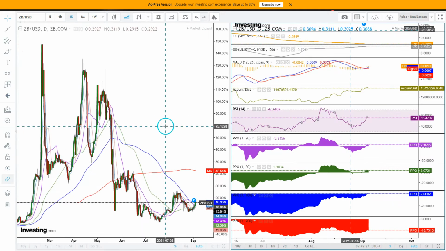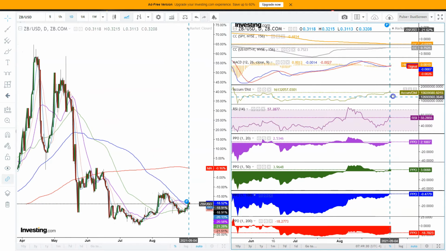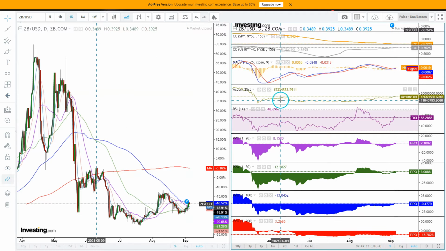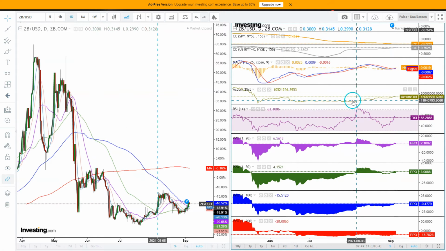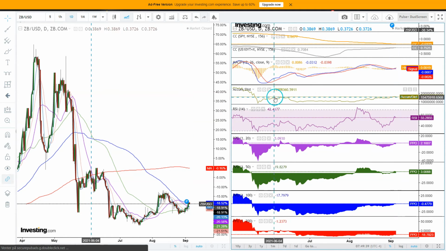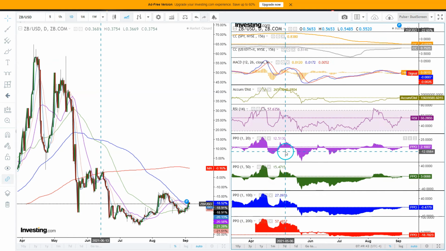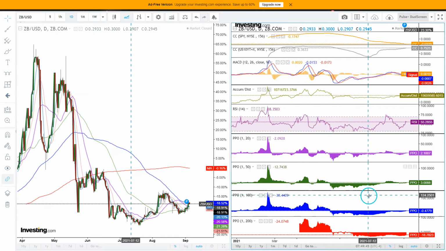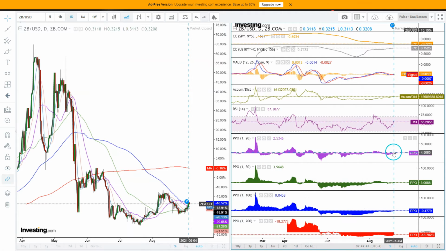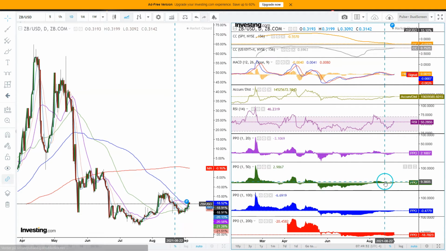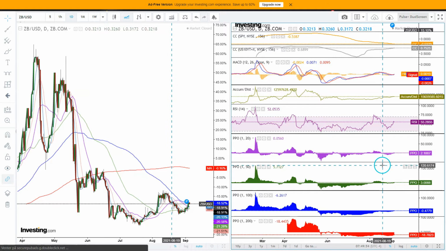Going here to the daily data points, we do have some interesting signals on accumulation, some bullish divergence. You can see that it is higher here than it was back here. That is definitely potentially bullish. Looking at the distance from the 20-day, 50-day, 100-day, and the 200-day moving average, we do not have any kind of extreme signals.